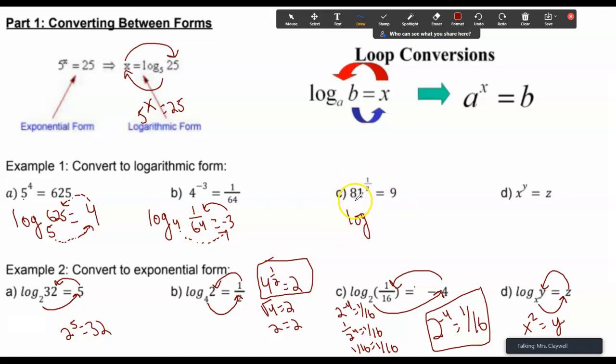Whatever is my exponent is going to be by itself. Whatever's my base is going to be small. So 81 to the 1/2 is 9, or otherwise the square root of 81 is 9. X to the y equals z.